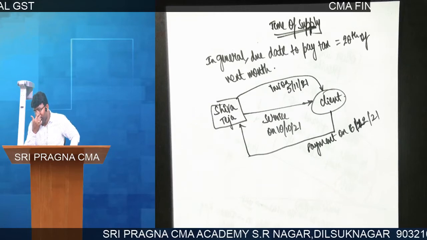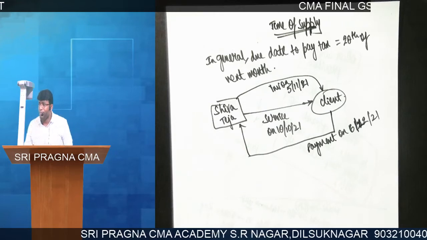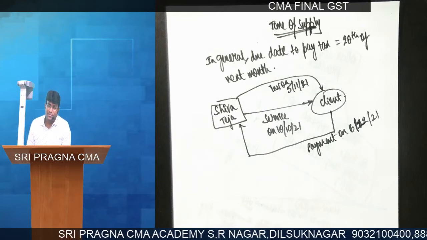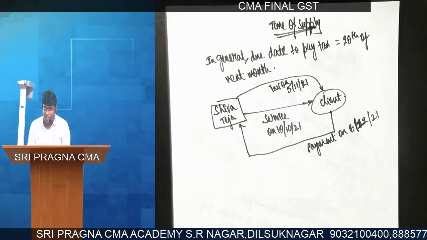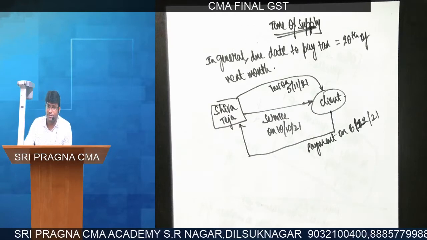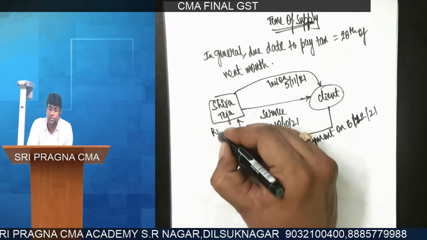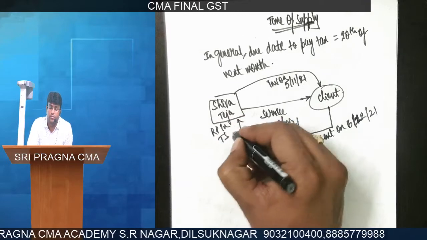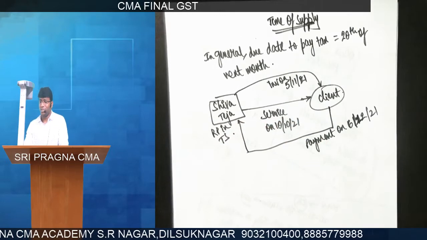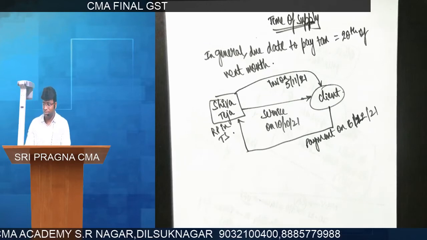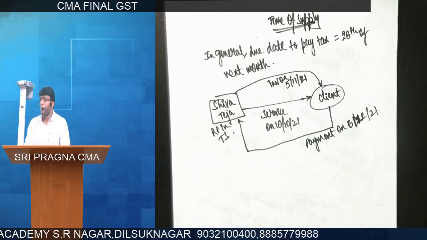October. Which month I gave invoice? November. Which month I got payment? First fundamental point. Should I pay GST to the government? Question is now, when should I pay?